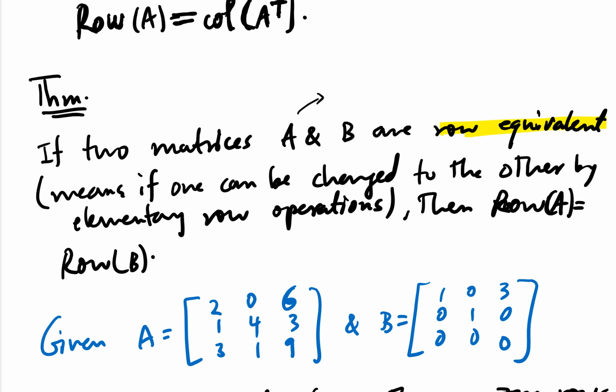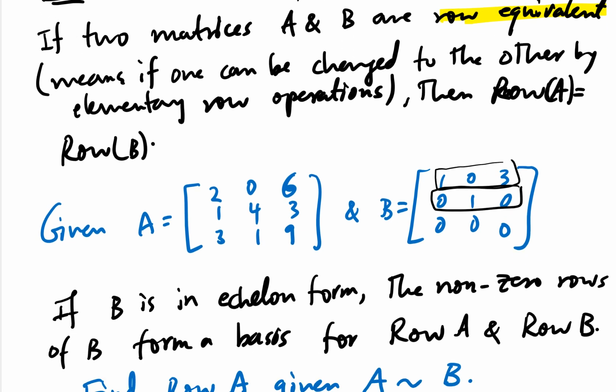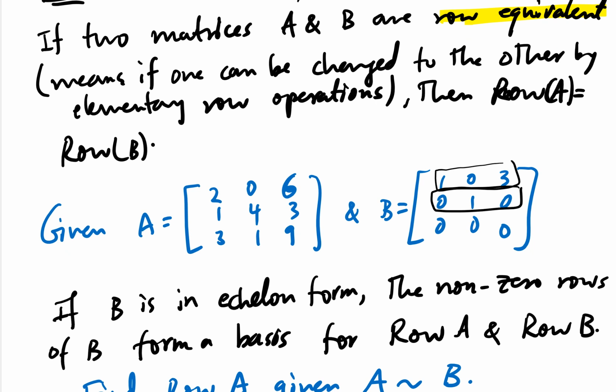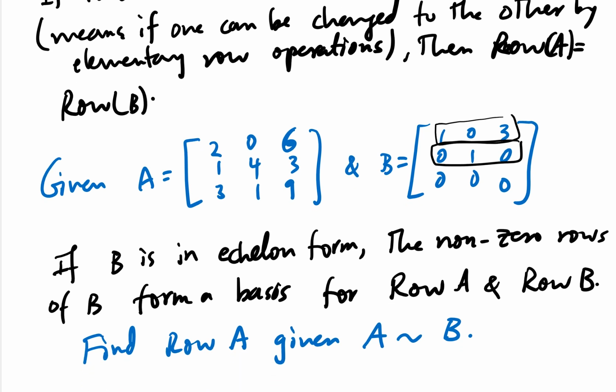Because we have two non-zero rows, as you can see. If B is in echelon form, the non-zero rows of B form a basis for the row space of B and the row space of A. Now the question is how to find the row space of A given A and B are equivalent. This sign, like a tilde, means equivalent.